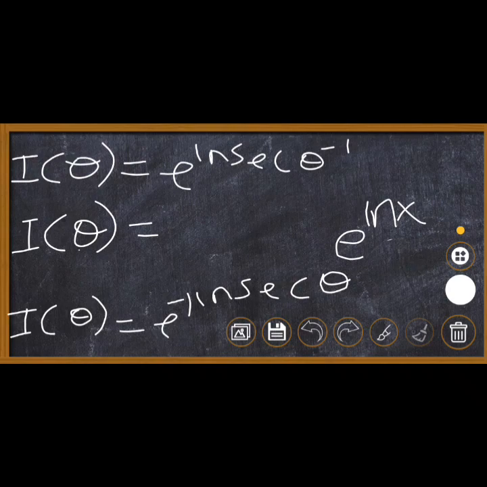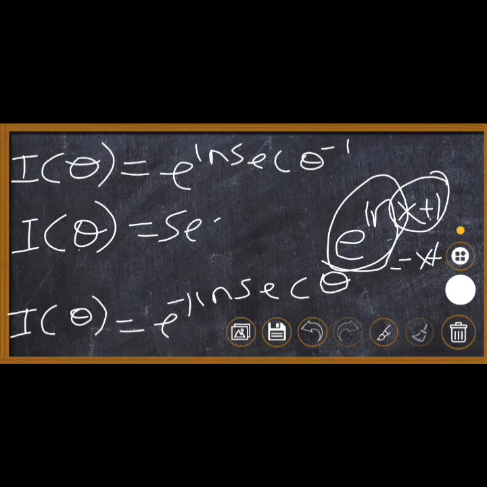If you have e to the power ln of x plus 1, our answer is x plus 1. Whatever value you have, provided that you have e raised to the power of ln, you always equate it to the value that you have after the ln function. So this is the same as just writing sec theta raised to power negative 1.